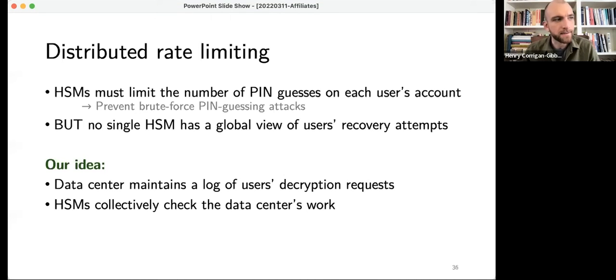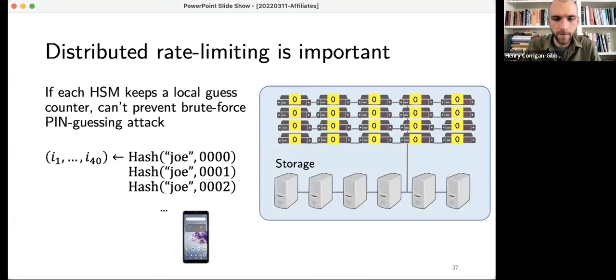Our idea for this was to have the data center, which might be adversarial, maintain a log of the user's decryption requests, and then have the HSMs collectively, using a distributed protocol, check the data center's work. If the data center is doing things correctly, the rate limit will be enforced. If the data center cheats, the HSMs will notice it, and the whole system will essentially grind to a halt.